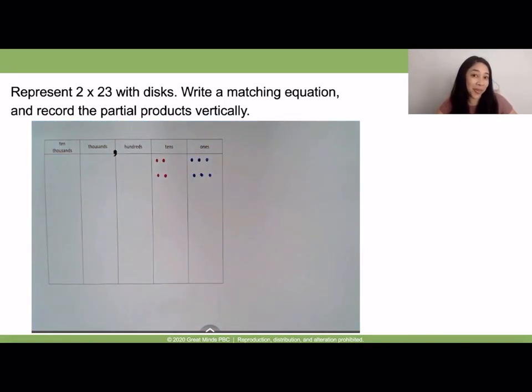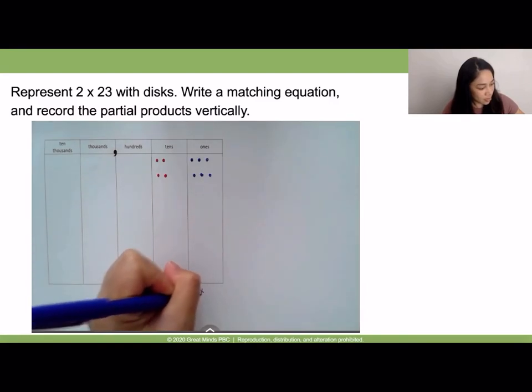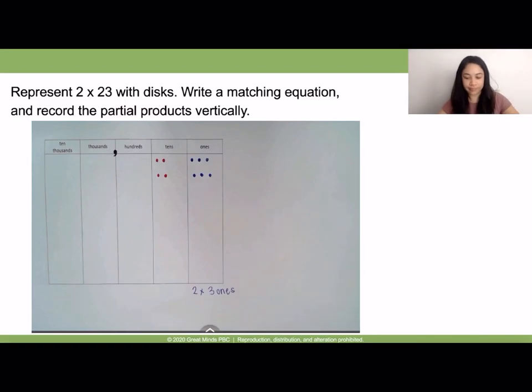What is the total value of the ones? 2 times 3 ones equals 6 ones. Let's write 2 times 3 ones under the ones column now. Let's also record 23 times 2 vertically.